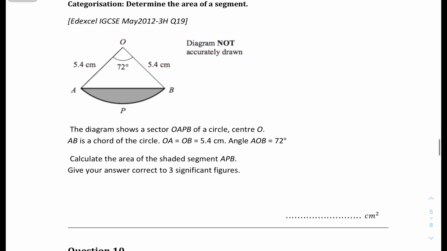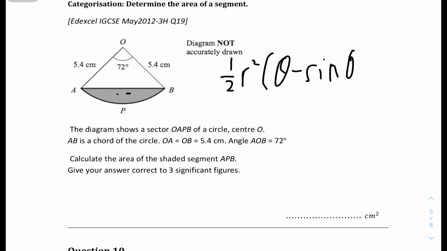And question 9, the diagram shows a sector, calculate the shaded area. So remember, we have a formula for it. For this shaded area, it will be half r squared (theta minus sine theta). It's like a shortcut.